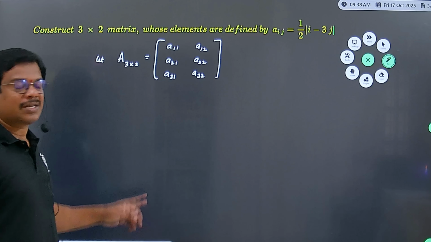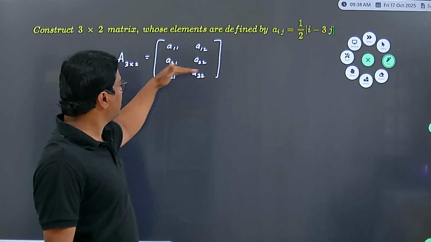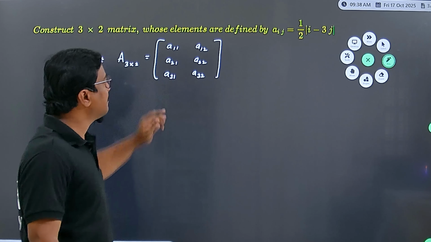This is the matrix of order 3 cross 2, with 3 rows and 2 columns.